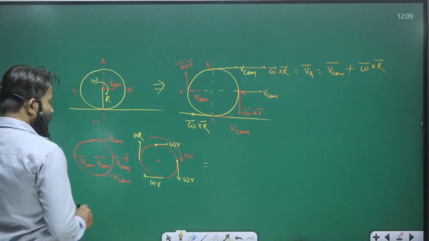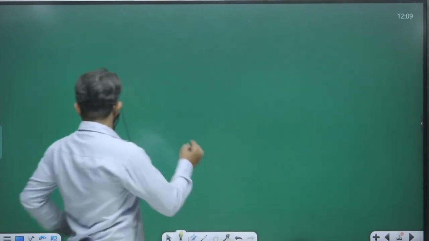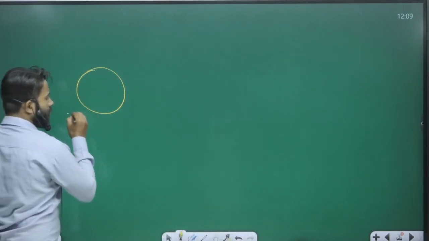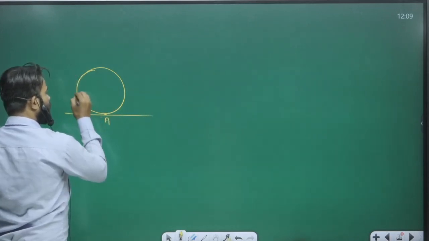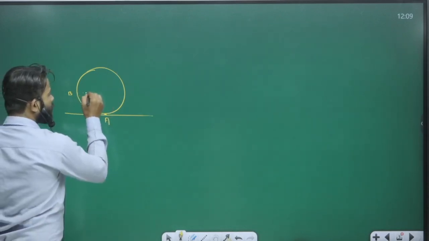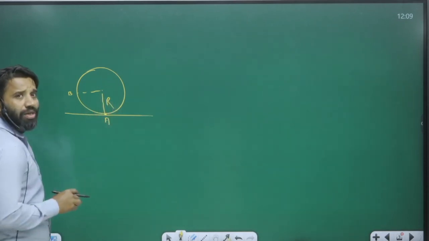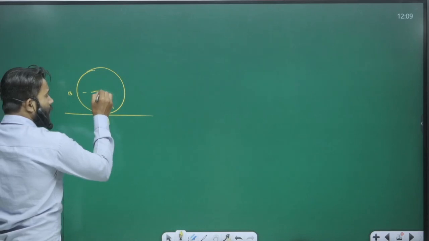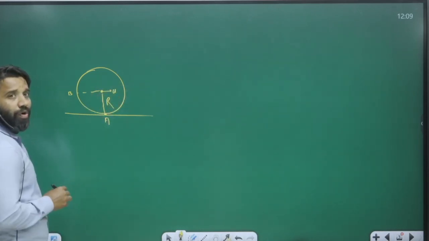Okay. Now, say a body, this point is A, B. Okay. Now, the radius of this disc is r, whatever it is, disc or a sphere, say its radius is r, and the center of mass of this body has got some velocity u in the forward direction.